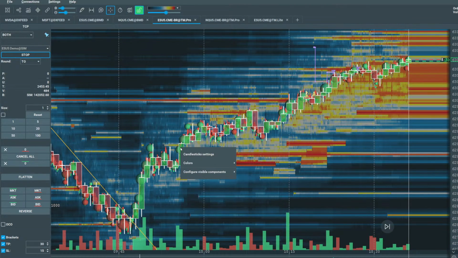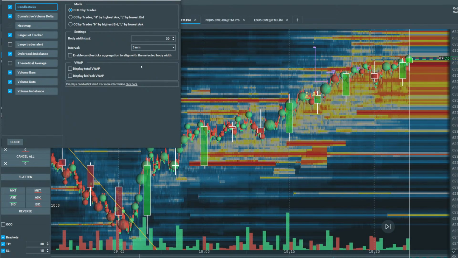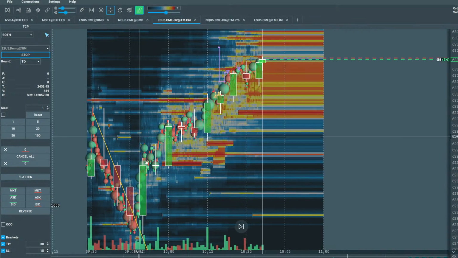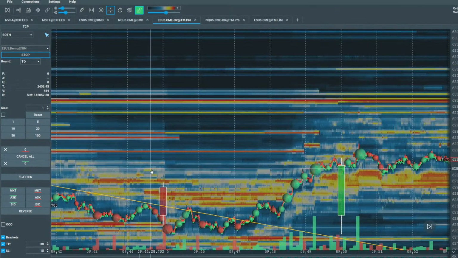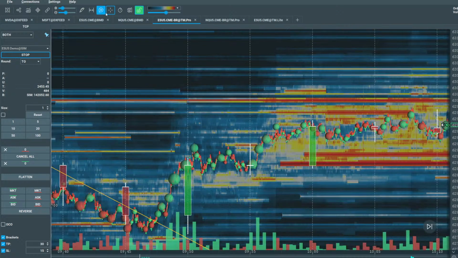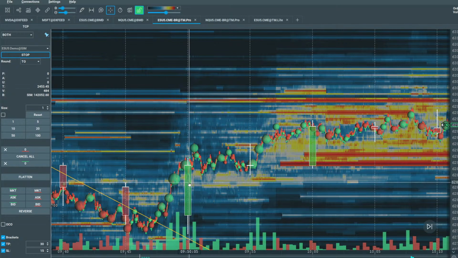I'm going to use this feature in Bookmap for the candlesticks. This is showing 1 minute. Actually, let's go to 5 minutes. I'm going to enable this one here to aggregate and align based on the body width. We'll have to go down to a smaller time frame. Let's try that again.